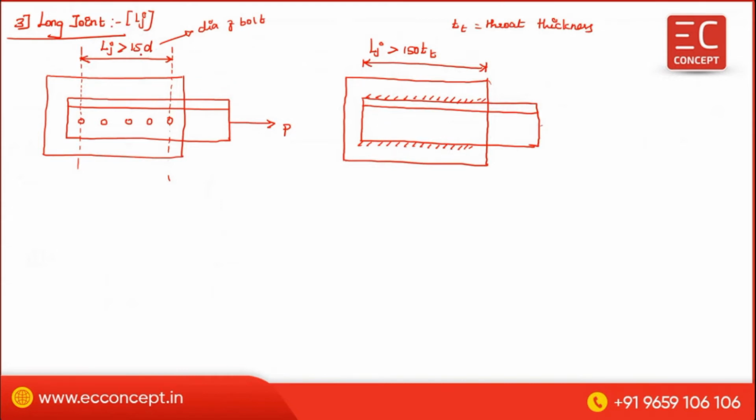If for a bolted connection the length of joint is greater than 15 times D, or LJ is greater than 150 TT for a welded connection, then the connection efficiency will be reduced. Therefore, you have to consider a reduction factor in order to take care of the reduction in strength due to the long joint.